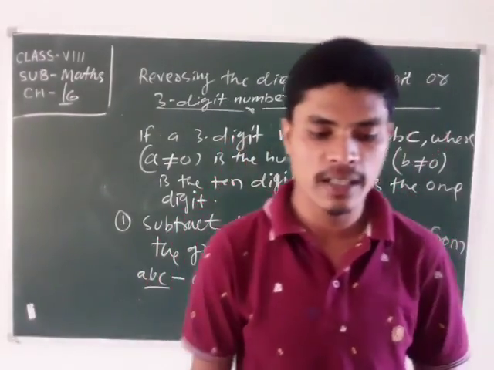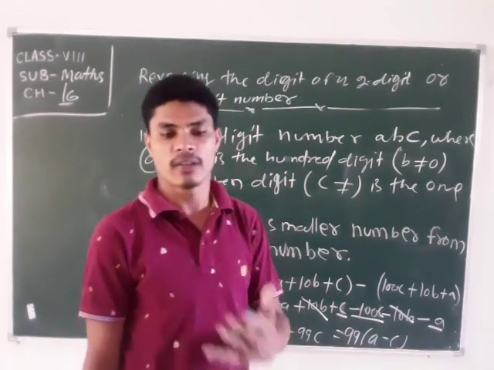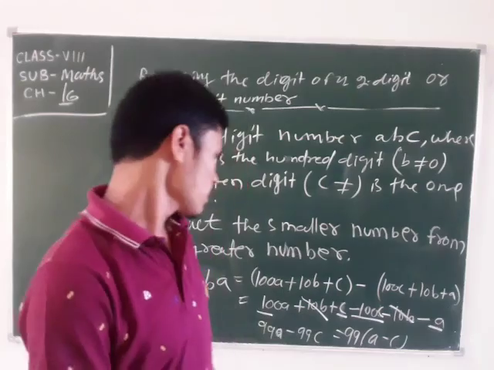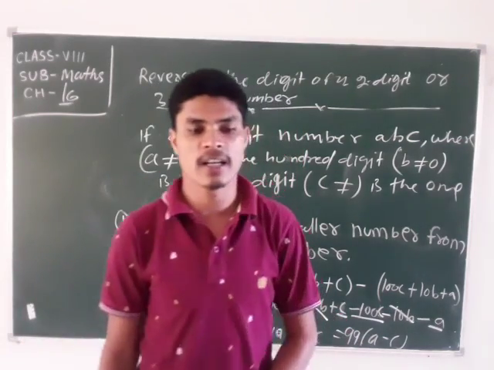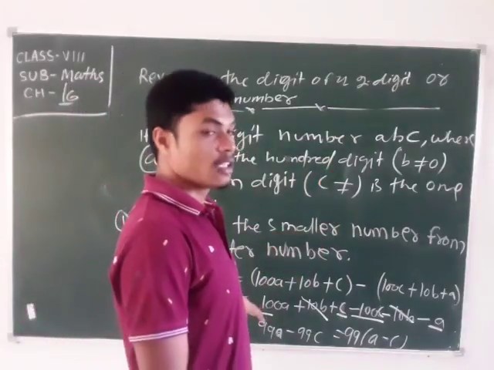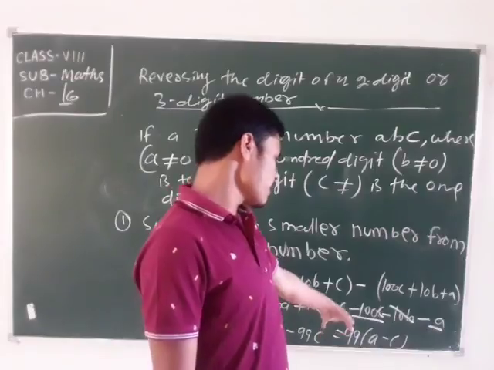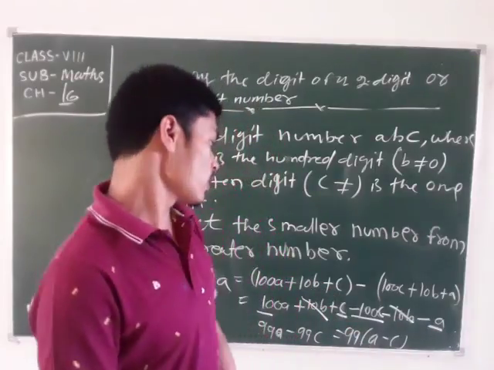If the 3-digit number is divided, it should be divisible by 99. Clear about it? The difference of a 3-digit number and its reversal is divisible by 99. How can it be divisible?